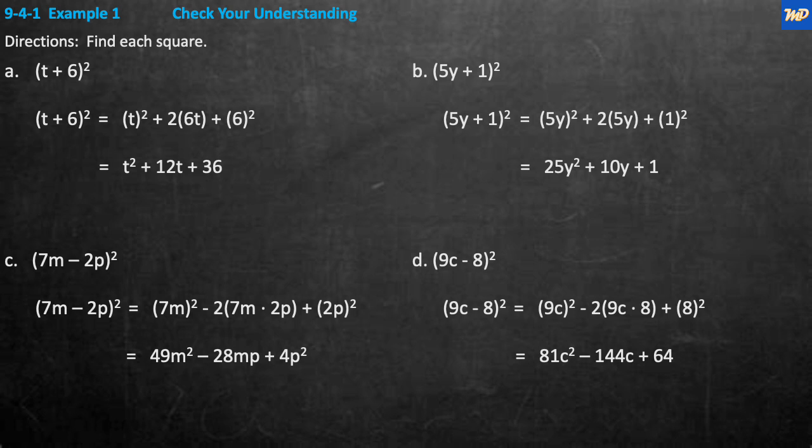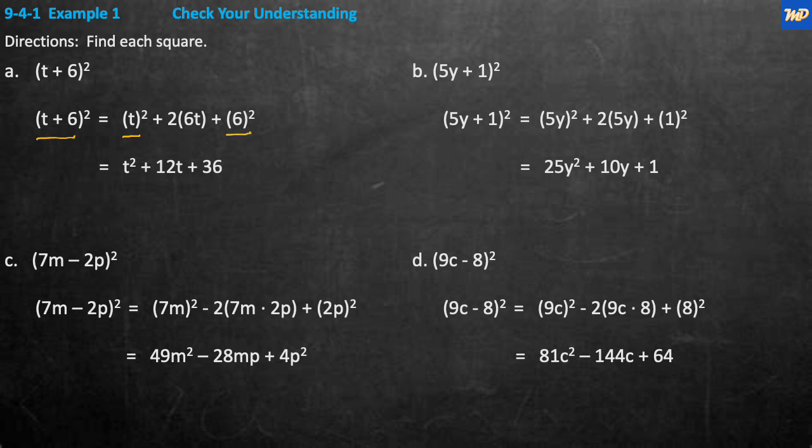Okay, now that you've returned from doing these yourselves, let's go over them. The first one, A, is the quantity t plus 6 squared. We take the first term, t, in parentheses, squared. I like to use parentheses around these terms. You'll see why in a minute. The final term is 6 squared.